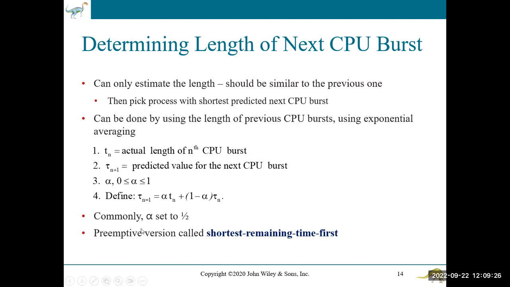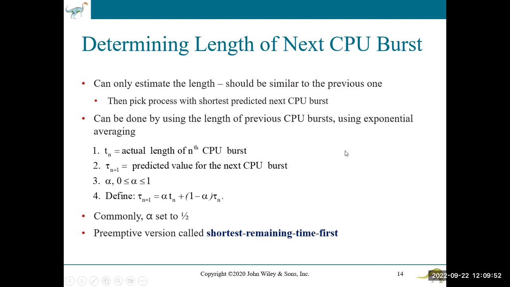So here's some interesting math about how to determine the length of the next CPU burst. The preemptive version is called shortest remaining time first. We're not going to spend a lot of time in the weeds with this.